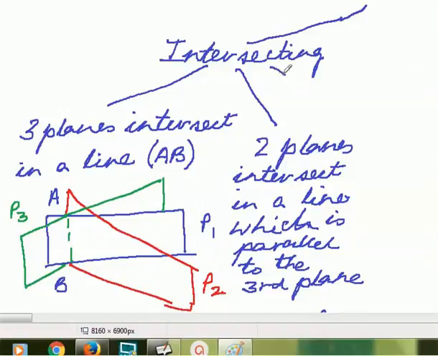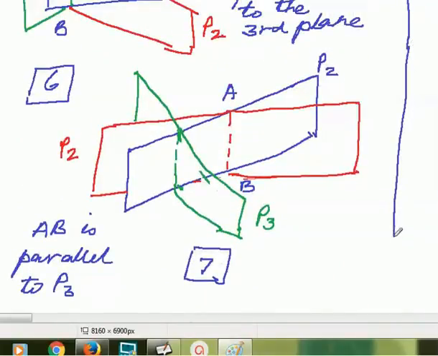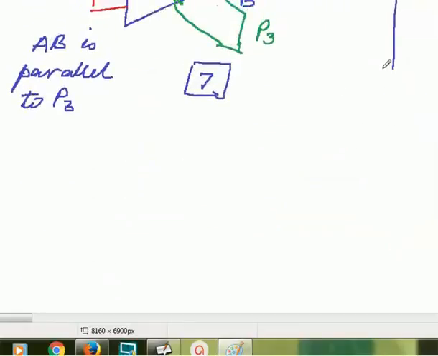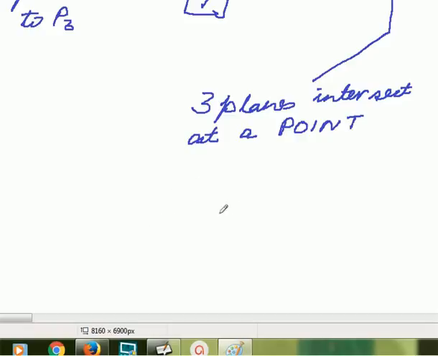Let me draw a branch from here. Let's draw three planes.